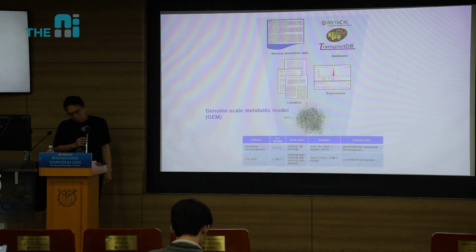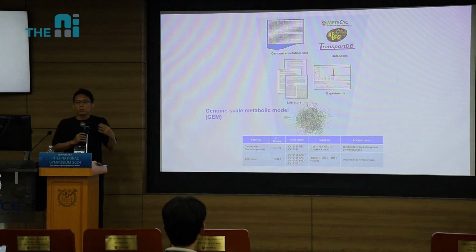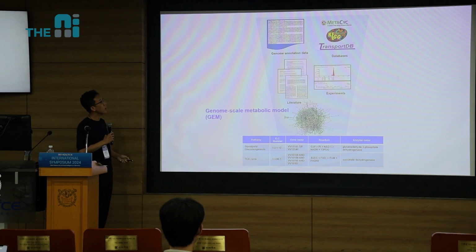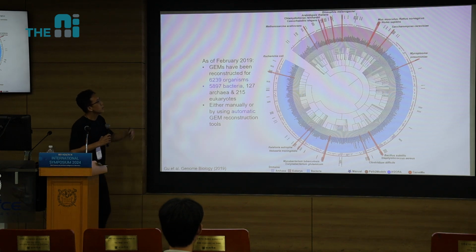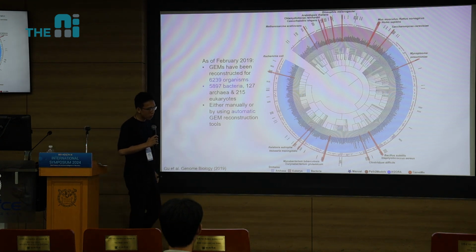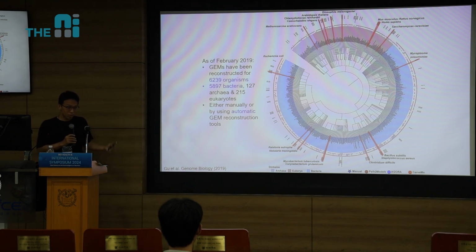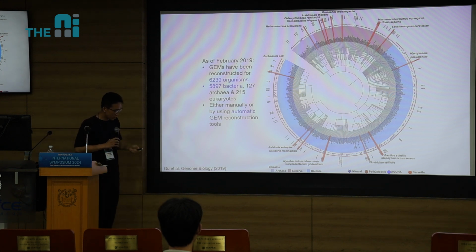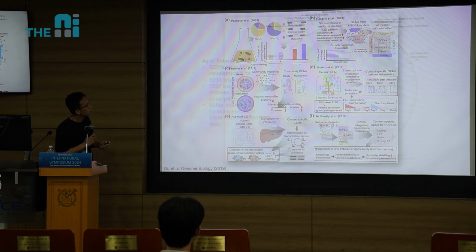The starting point for building a metabolic model is always genome data. That means if genome data is available, we can build metabolic models in a pretty straightforward manner. So far, for most of the model organisms known to be important in medicine and biotech, high-quality metabolic models are available, including the yeast strains that we heard about earlier. We have several different versions of high-quality metabolic models in the community.